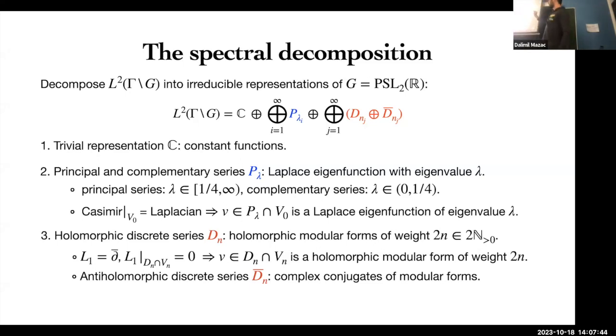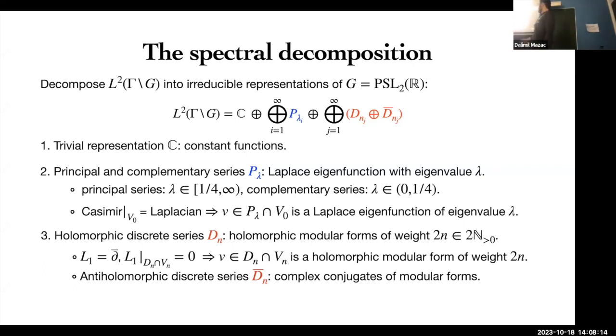And similarly, for the discrete series, there is such a correspondence with holomorphic modular forms. These representations are also infinite dimensional, but they are lowest weight, unlike the principal series. The lowest weight vector is annihilated by L1, so it is a holomorphic thing, because L1 acts like an anti-holomorphic derivative.